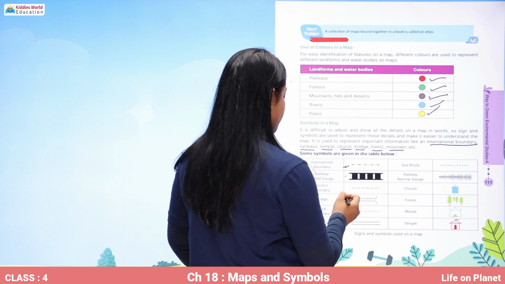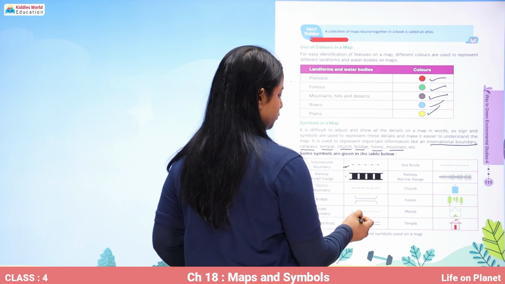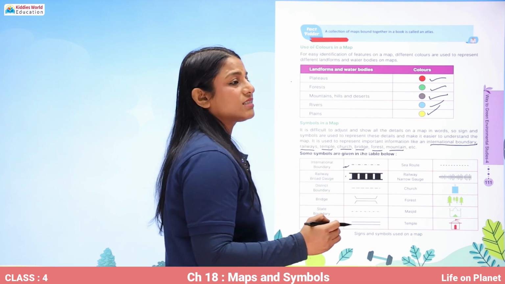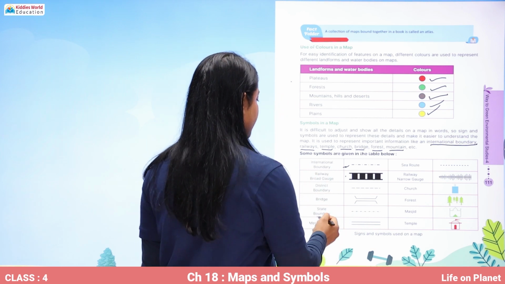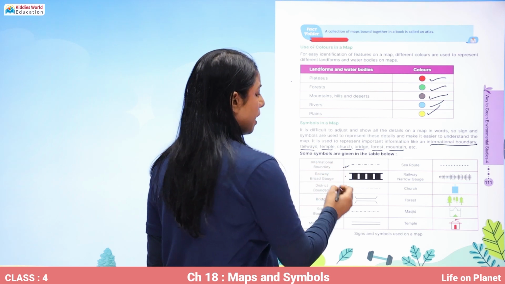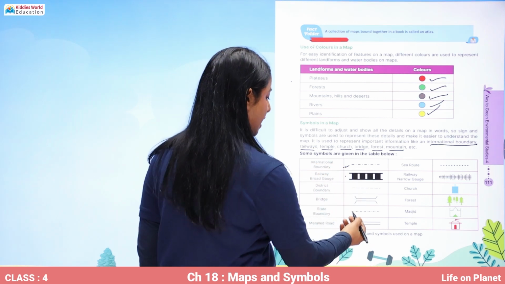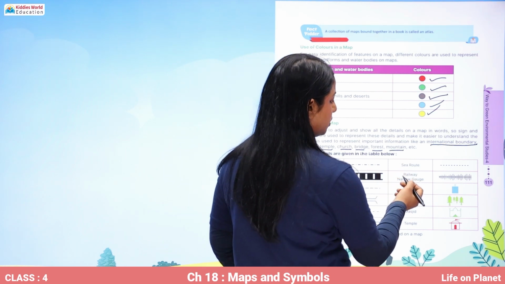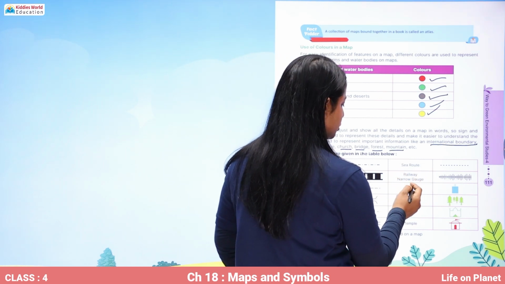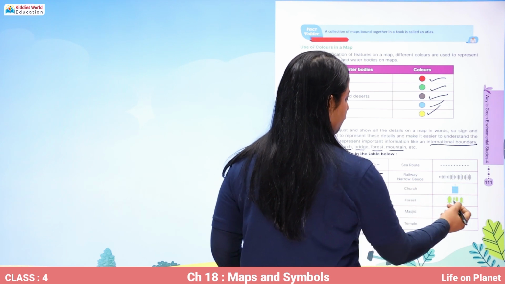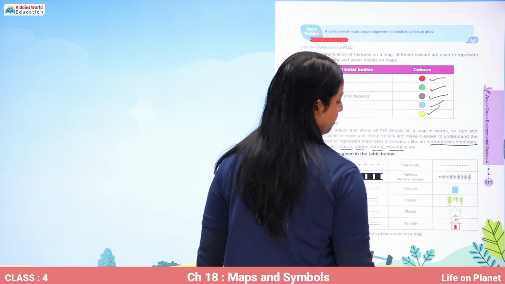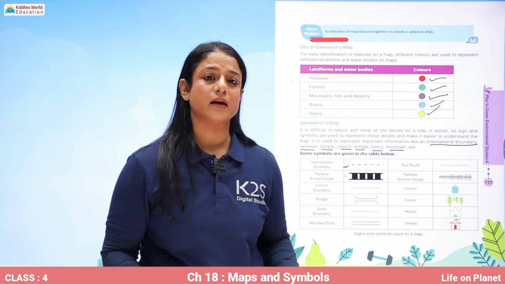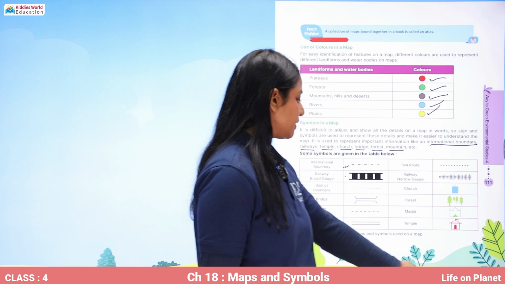This is a district boundary, this is a bridge, this is a state boundary. State boundary and international boundary look similar, it's just that the international boundary is bolder than a state boundary. This is a metal road, sea route, a railway, narrow gauge, church, forest, masjid, temple. So these are the different symbols that are used to show different things.